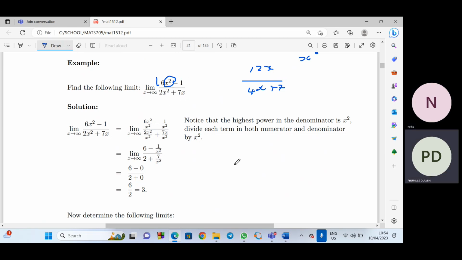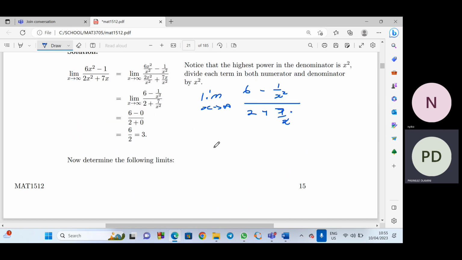When you divide everything by it, you're going to have the limit as x approaches infinity of 6 minus 1 over x squared, divided by 2 plus 7 over x, because the 7 over x squared cancels with the x squared, leaving 7 over x.